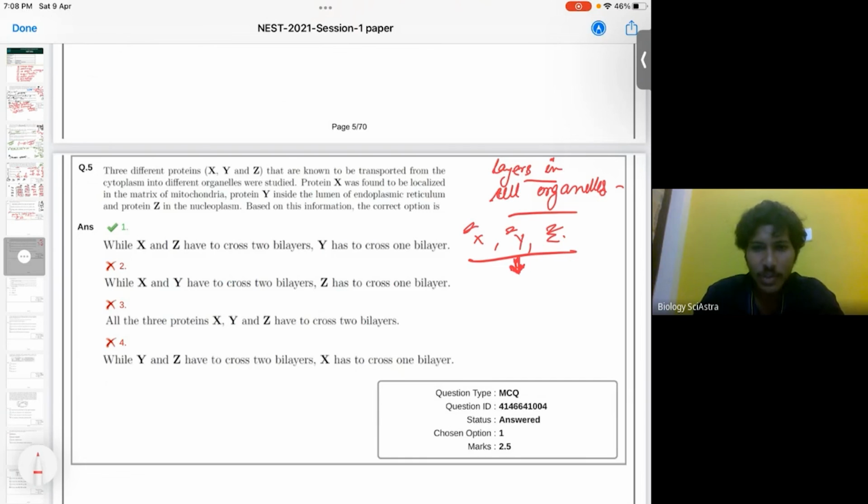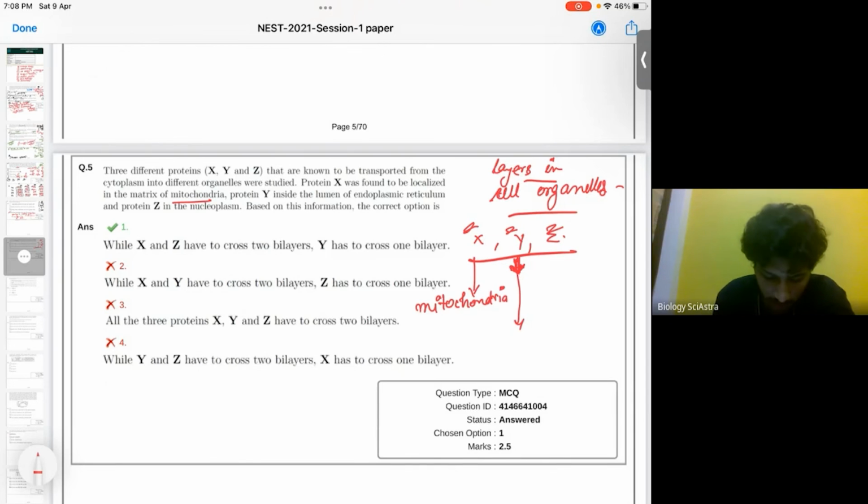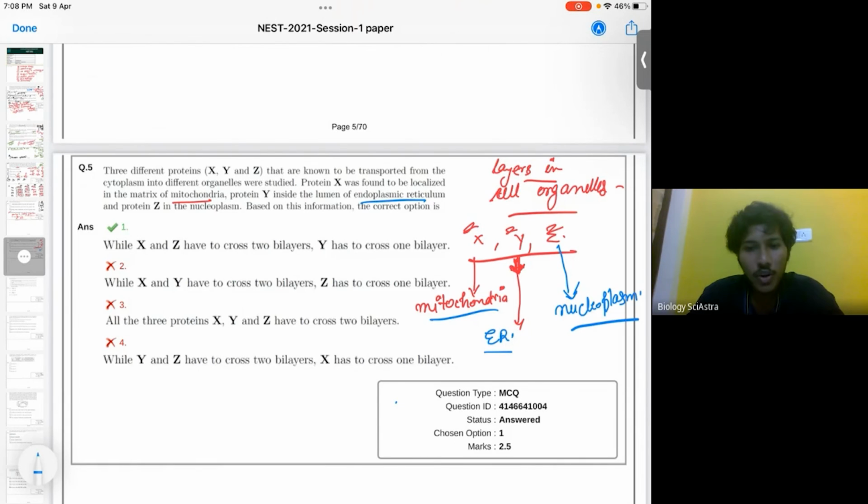Okay? And with time they found that X was localized in mitochondria, Y was localized in endoplasmic reticulum or ER, and Z was localized in nucleoplasm, which means inside the nucleus. अब वो nucleoplasm में है. Now they are asking how many membranes they need to cross in order to be present in these organelles.